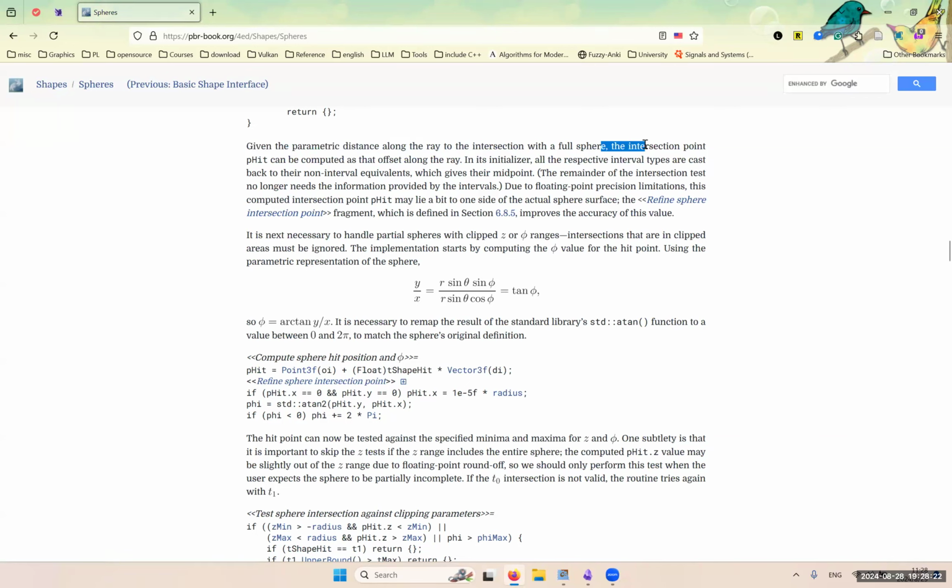And then we can calculate the intersection point. All the respective interval types cast back into the no interval, which we just use the midpoint. And the refined sphere intersection points will improve the accuracy of this value.